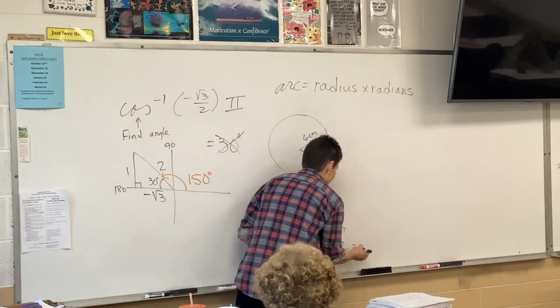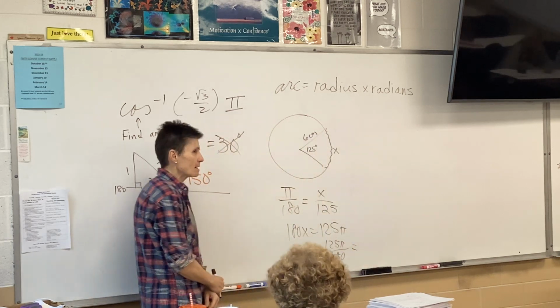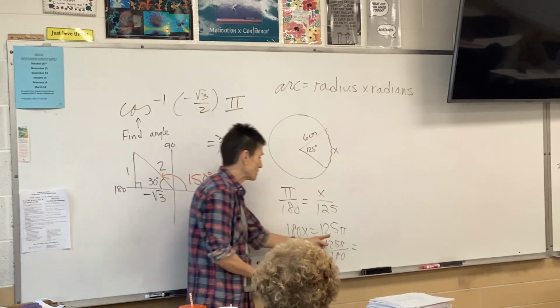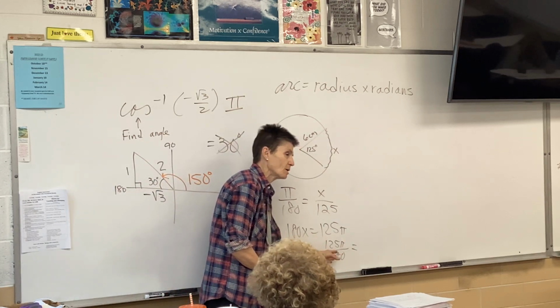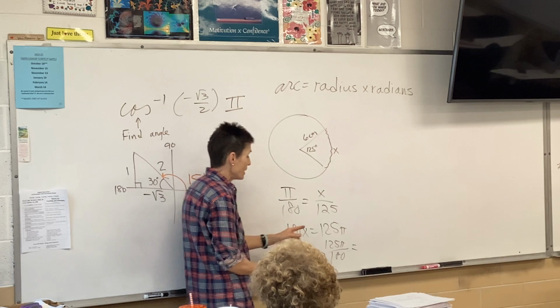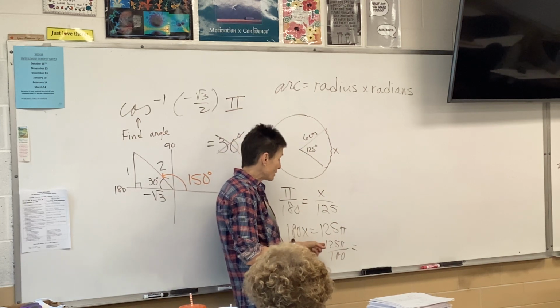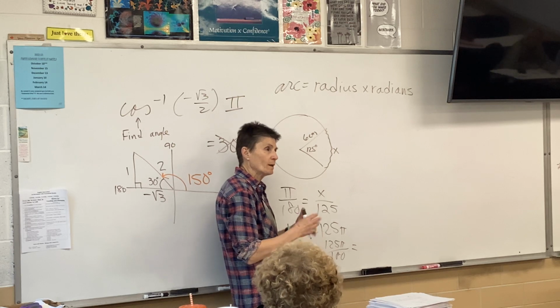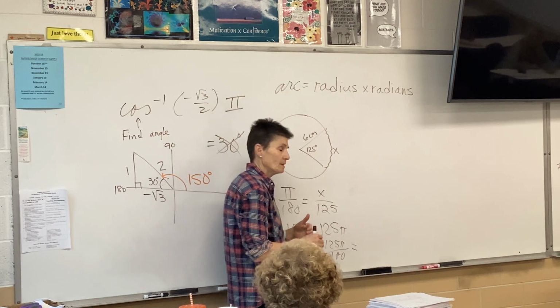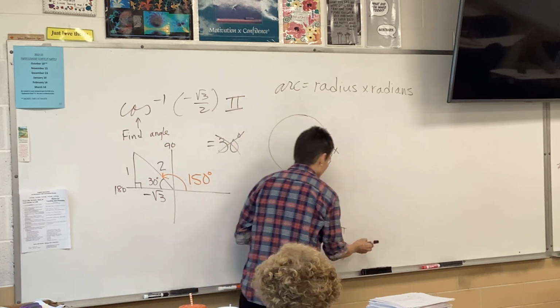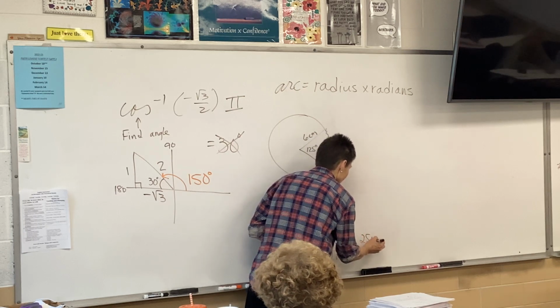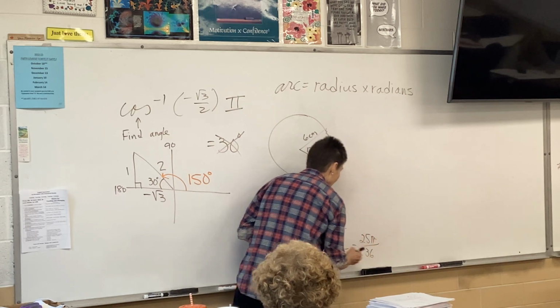Now, this does reduce. Sometimes they're easier to reduce. Remember, sometimes we have zeros that we can just cross out. This one's a little harder. What goes into 125 and 180? What common factor? 5? So let's divide 5 into both of those. To save time, I'll just do it.